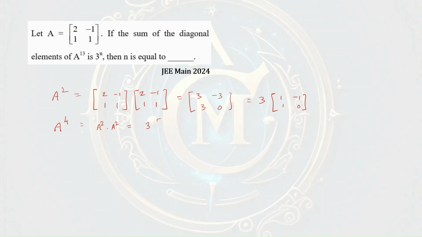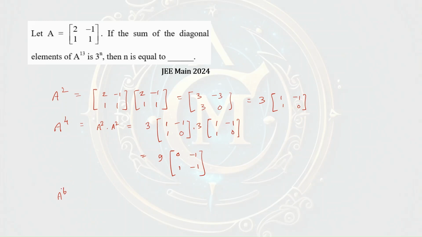So this will be 3 times 1 minus 1, 1, 0, times 3 times 1 minus 1, 1, 0. So these two we can multiply individually. So it becomes 3 square, so 9. Then multiplying these matrices will give us 0, minus 1, 1, minus 1.